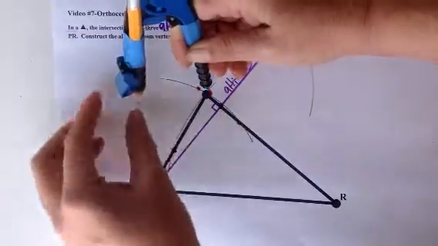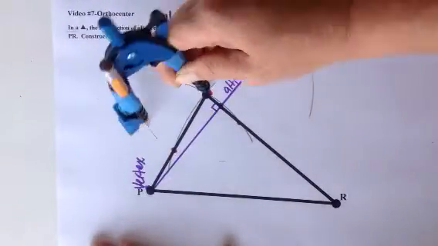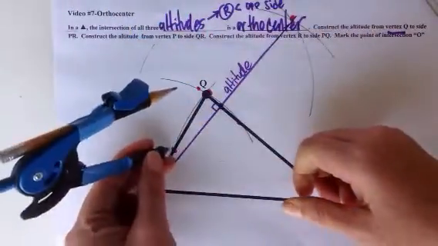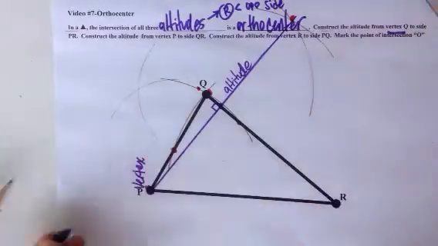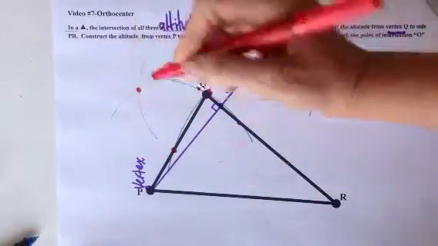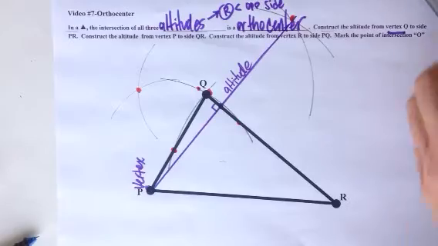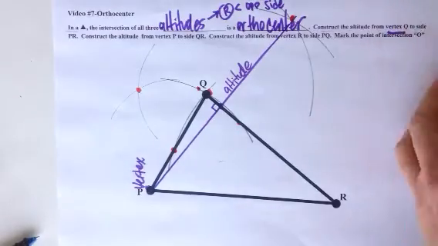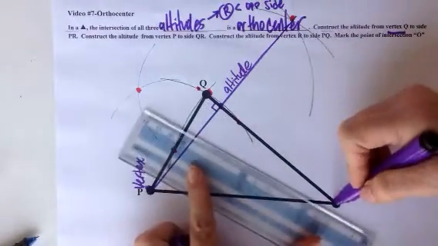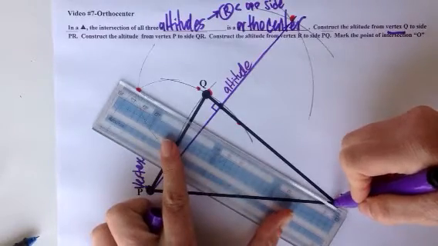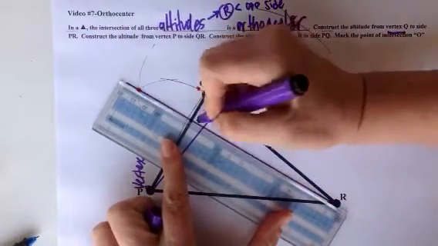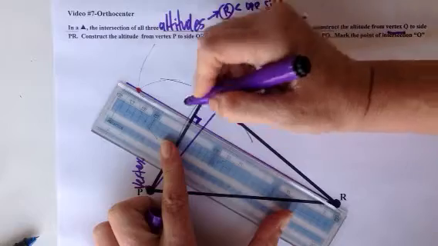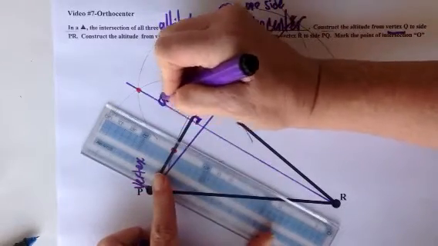We're going to choke this up a bit. That point of intersection, sweep. That point of intersection, sweep. We have that out there. And we're going to line it up with R. If you've done this correctly, you have another right angle. That's an altitude.